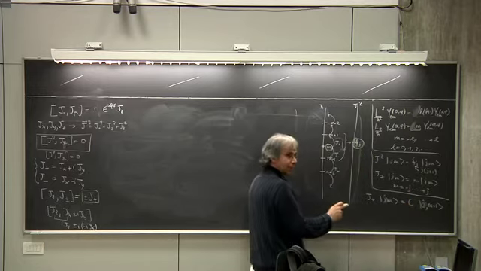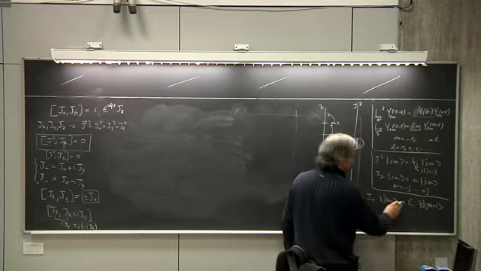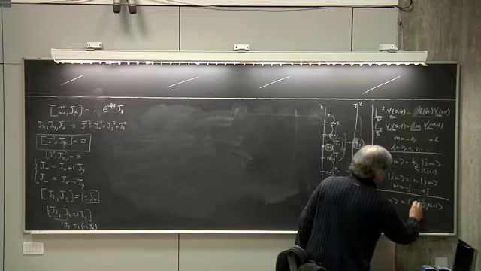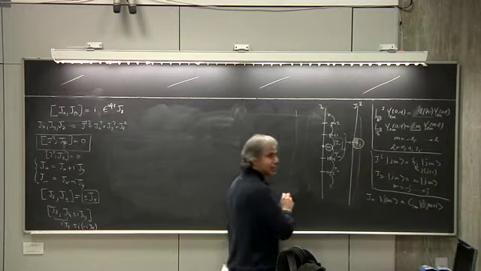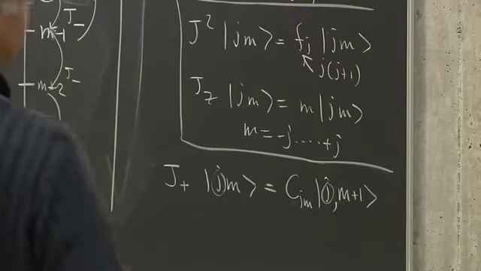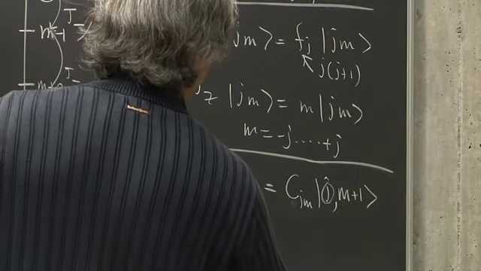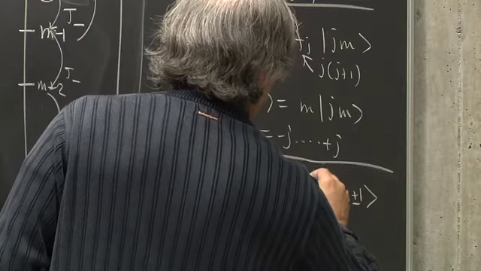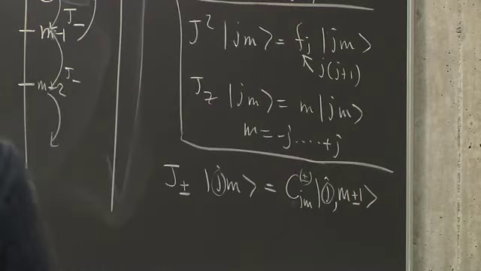I didn't prove that the state was normalized. In fact, it's not normalized. This normalization constant, generally speaking, we'll calculate later on, is some function of j and m. Similarly, J minus decreases by 1, and there is also a normalization constant in front.